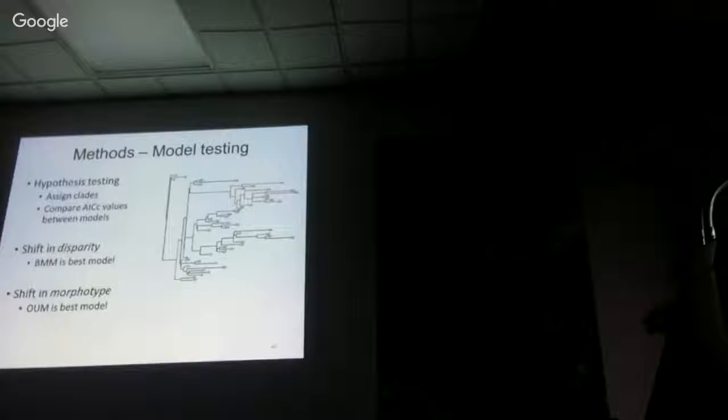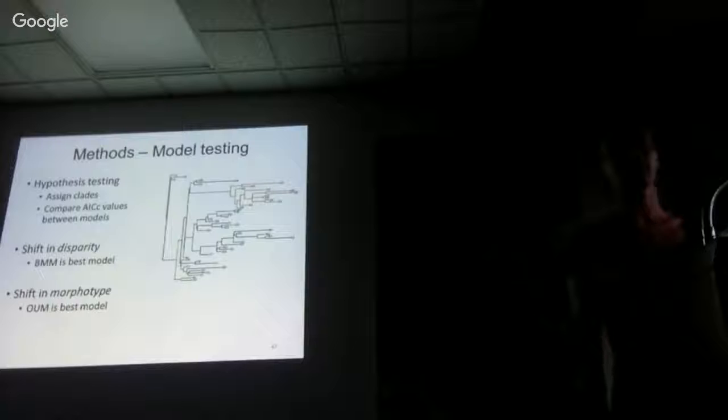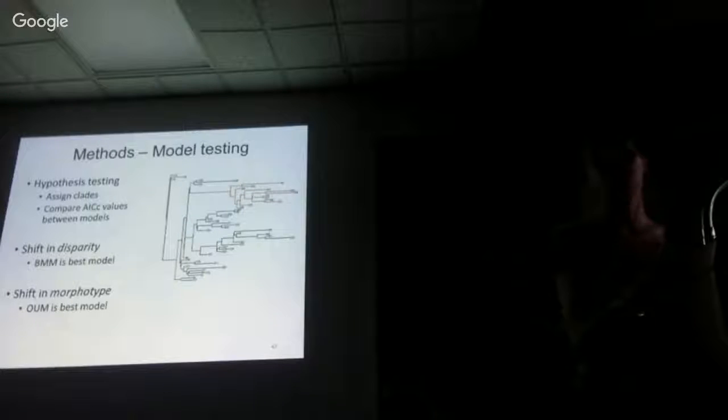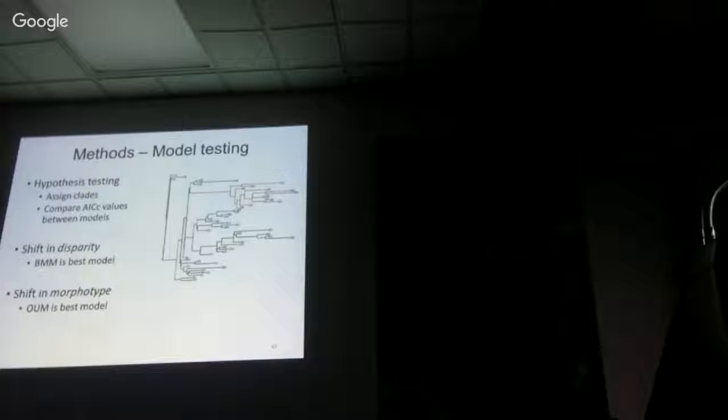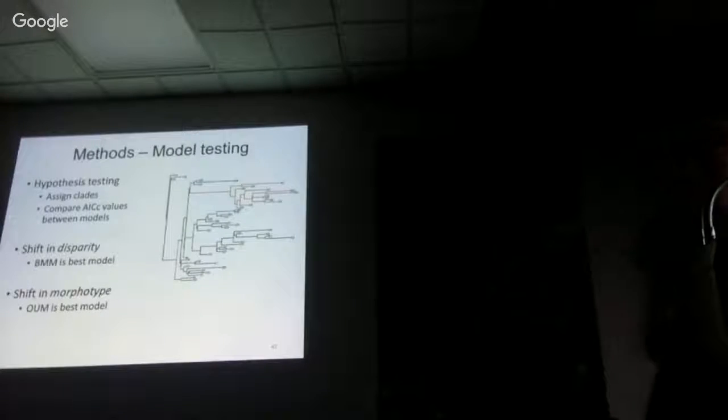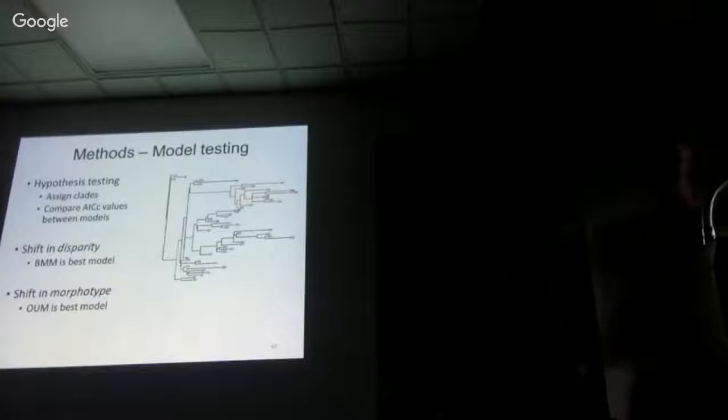So using these models, I can test certain hypotheses. I will assign a clade, so I could choose based on my research questions. Do platyrrhines show a larger disparity than we see in the Afro-Arabian anthropoids, or do we see a difference in rodent disparity compared to what we see in the primates?